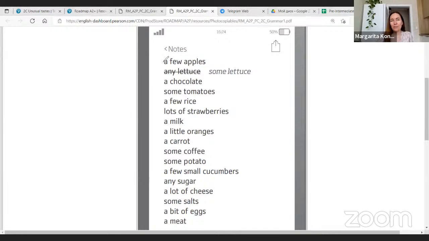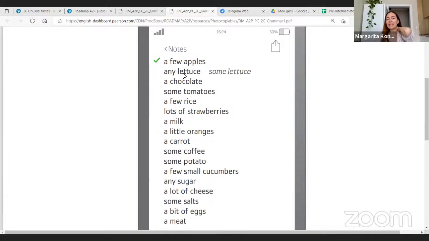For example, a few apples, what do you think, is it correct or not? Why? Because few is used with a, and it is множественное, plural and countable word. Apples are countable.